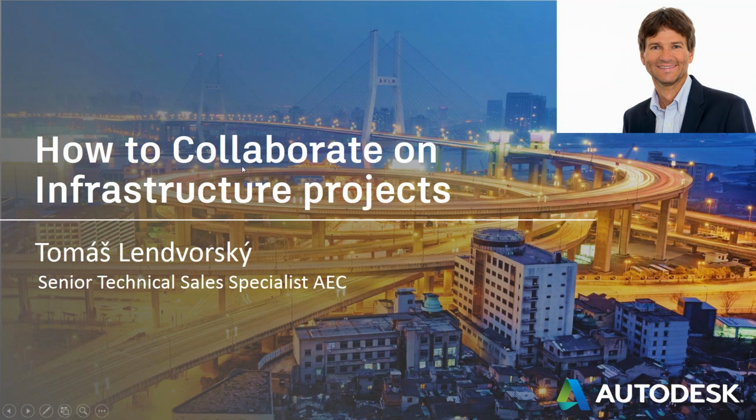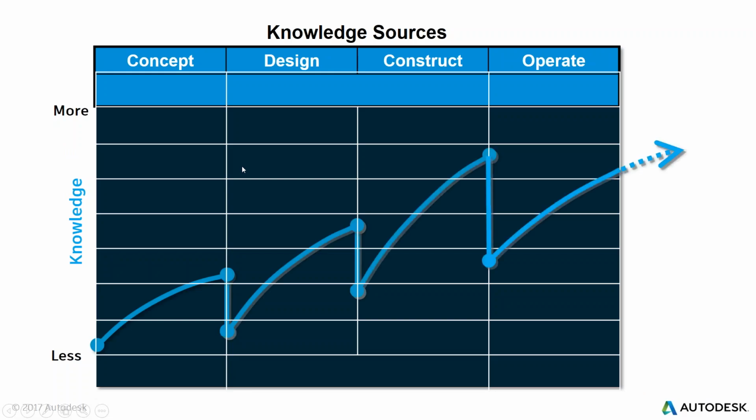So let's go here, and this just illustrates how knowledge is propagated or degraded, in fact, throughout the life cycle of the project. If you are making some conceptual design, you are learning, you are receiving knowledge about the project, and then it's dropped while it's going to the design.